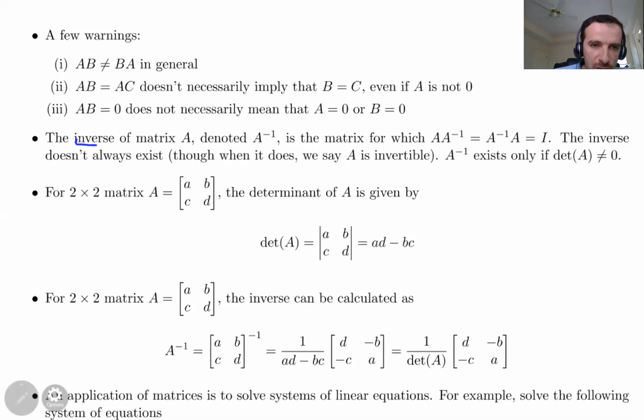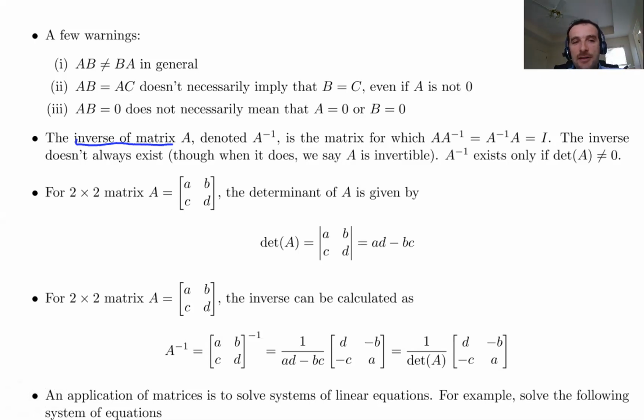What about the inverse of a matrix? Actually, we talked about addition, and subtraction is also addition, so you know how to subtract matrices as well. We talked about the multiplication of matrices. Now, what is left in terms of operations is division, right? Can we divide matrices?